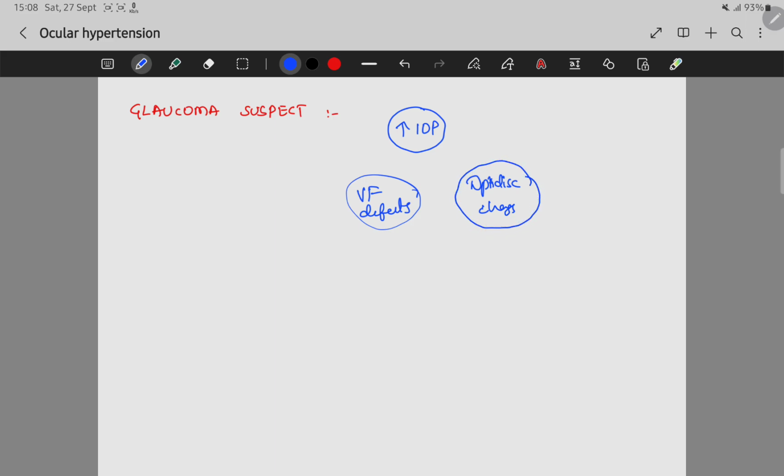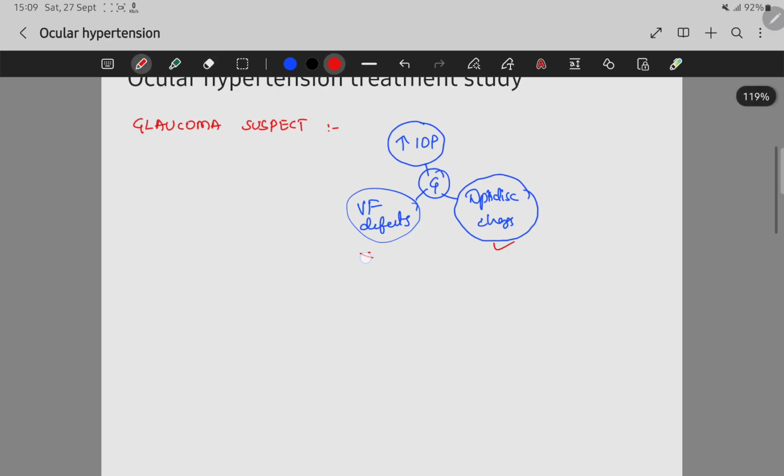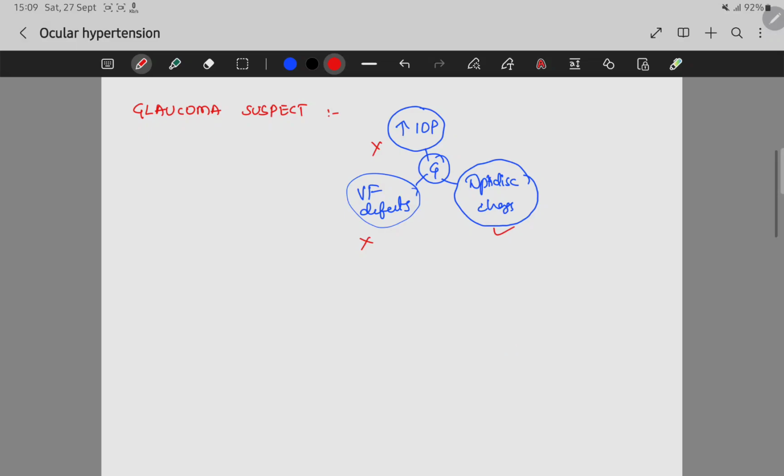If all these three are present, then only we call it glaucoma. In a glaucoma suspect, we can have either elevated IOP but no visual field defects or optic disc changes, or we can have visual field defects but no raised IOP and no disc changes, or just optic disc changes but no field defects and no raised IOP. If any one of these conditions is there, it is called a glaucoma suspect.